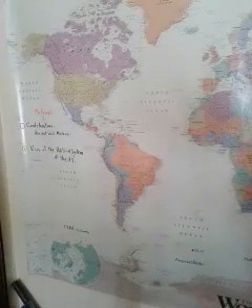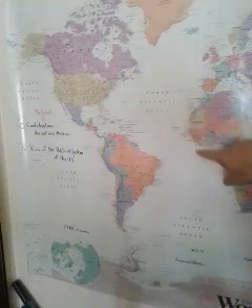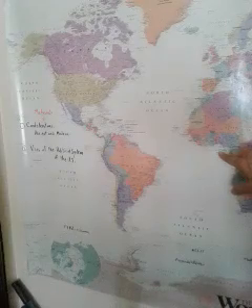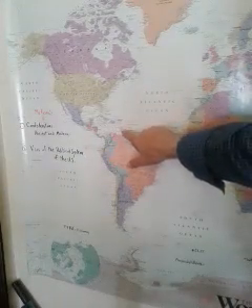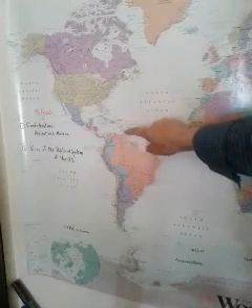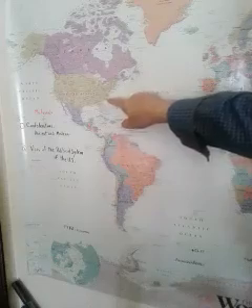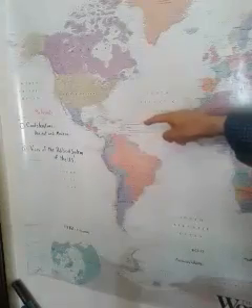This is how the trade worked. The English would take iron, silver, beads, textile down here, pick up the slaves. They would bring them here, put them on their plantations to raise sugar, and then go over here also in the English colonies. And then there would be a little trade over here, okay?